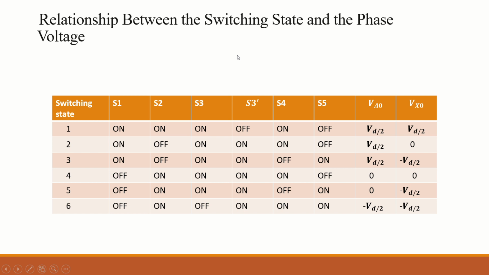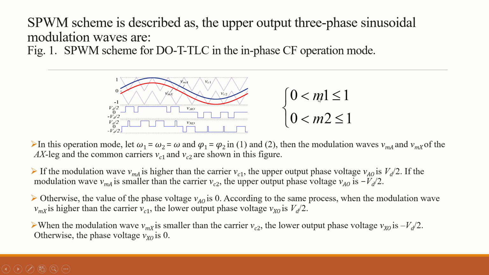And this is the relationship between the switching states and the phase voltage. This figure describes the upper output three-phase waveforms. In this case, omega 1 and omega 2 are the same, and phi 1 and phi 2 are also the same. Therefore VMA and VMX of the AX leg share common carriers, as shown in the figure. This is VC1, this is VC2, this is VMA, and this is VMX.